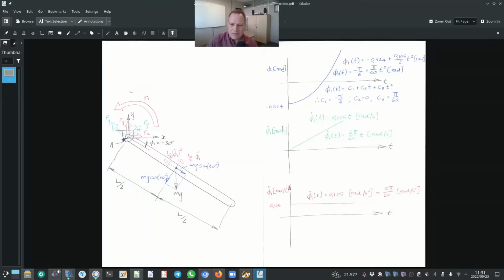Okay, so this is the behavior that we want to specify, and what we are busy with, we want to calculate what is the required moment that will result in this angular response.